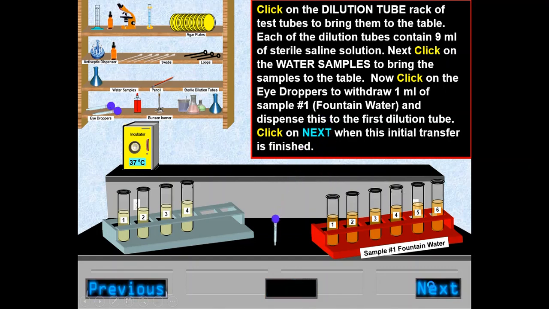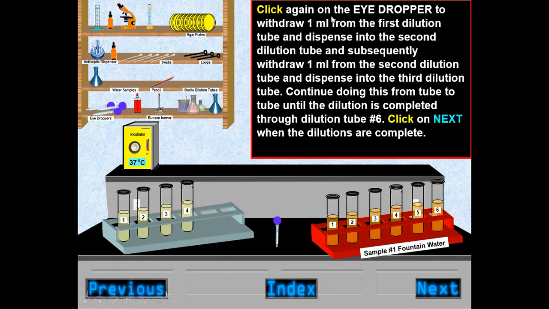So next, click again on the eyedropper to withdraw 1 milliliter from the first dilution tube and dispense into the second dilution tube, and subsequently withdraw 1 milliliter from the second dilution tube and dispense into the third dilution tube. Continue doing this from tube to tube until the dilution is completed through dilution tube number 6.